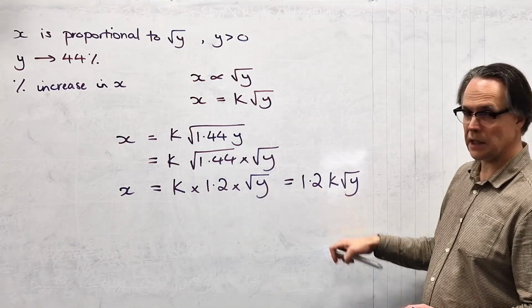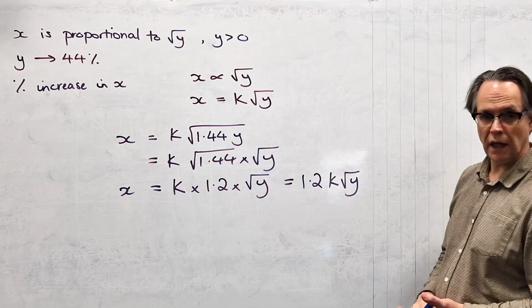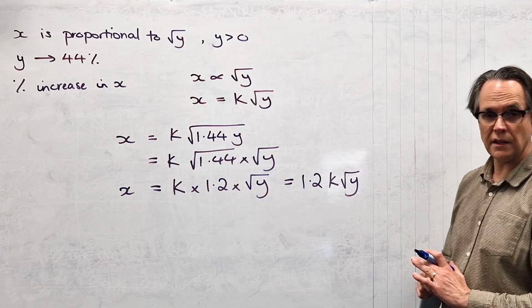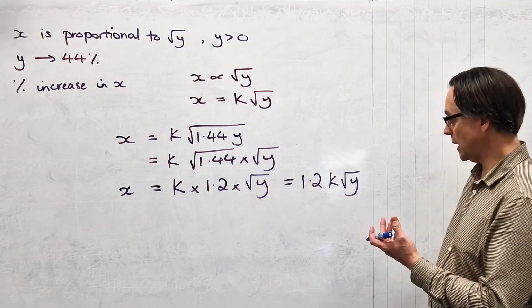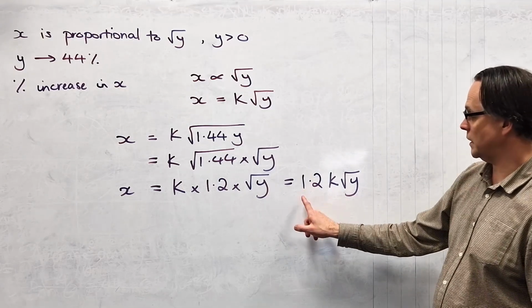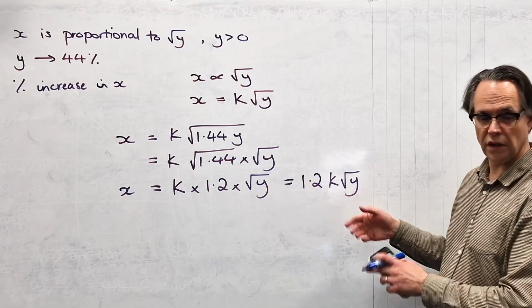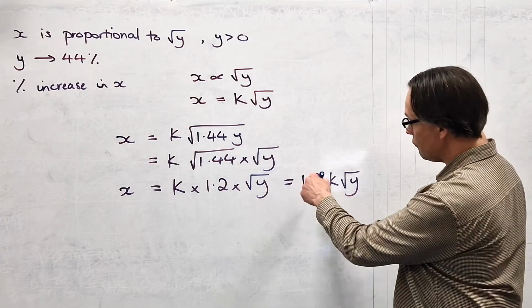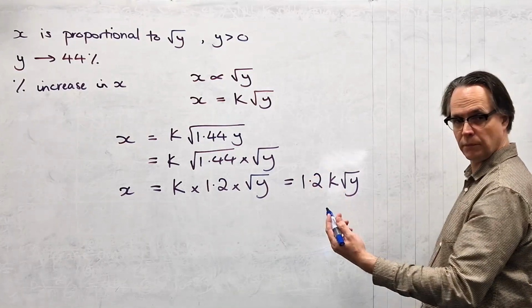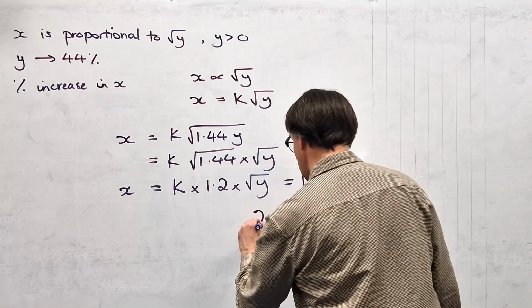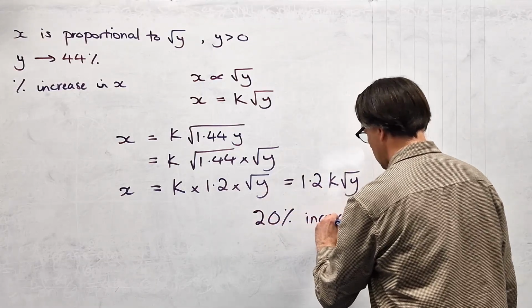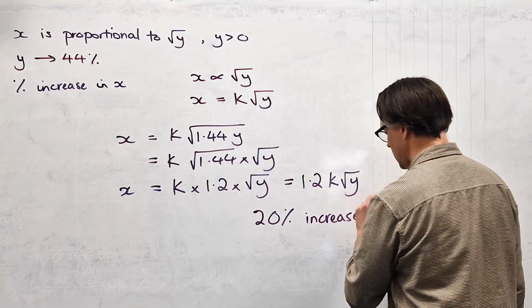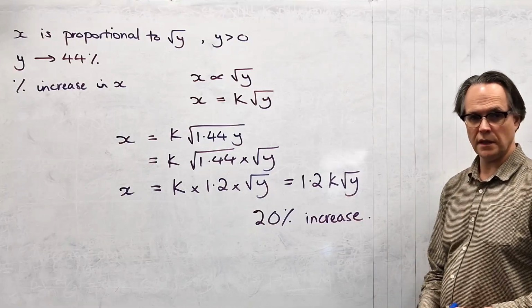And if you multiply something by 1.2, you've increased it by 20%, haven't you? Because of that rule about increasing by a percentage, multiplying by 1 point followed by the percentage. So we can just read off that because we know what it means, and we can say that x has increased by 20%.